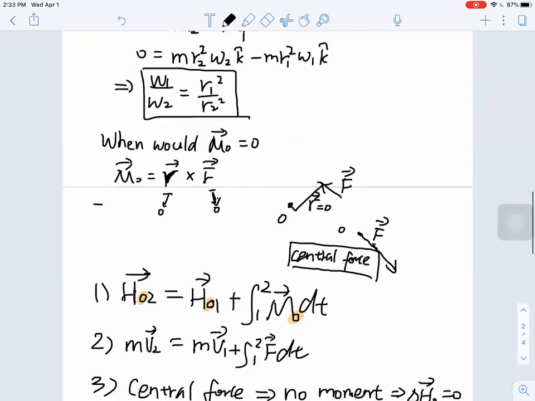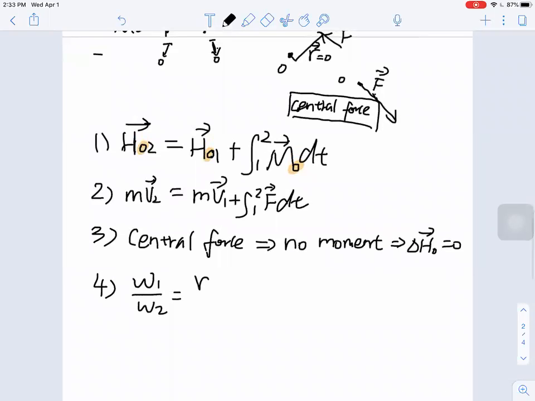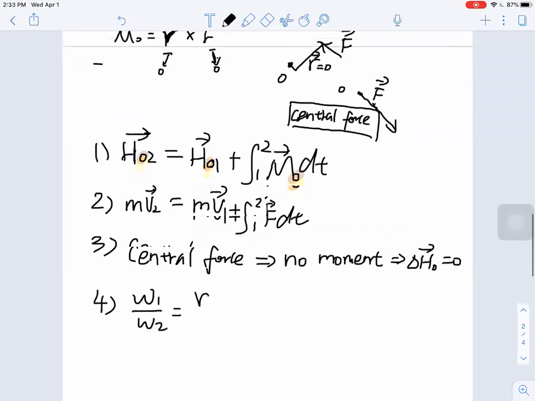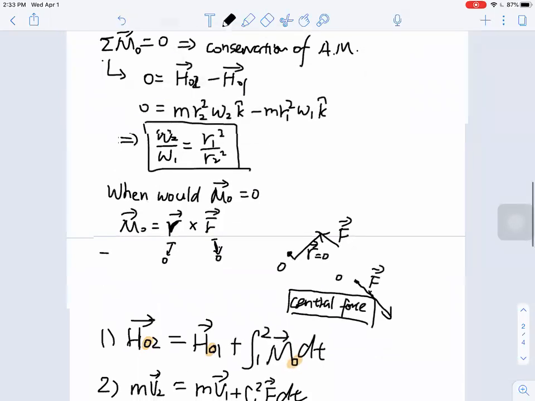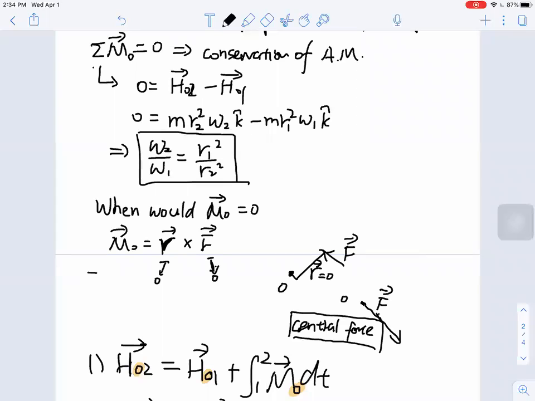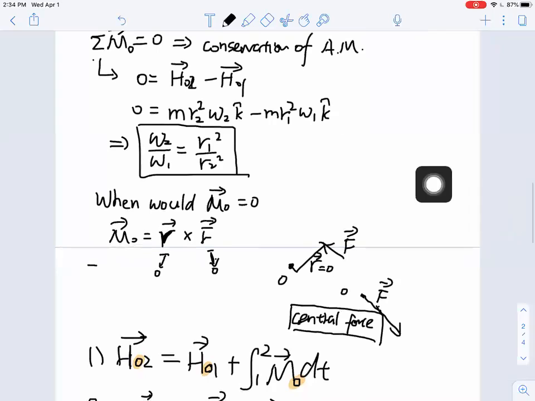Equals R1 squared. Oops, I think I made a mistake here. Sorry, the subscript is not right. It's omega 2 on the top, omega 1 on the bottom, and on the other side it's flipped.